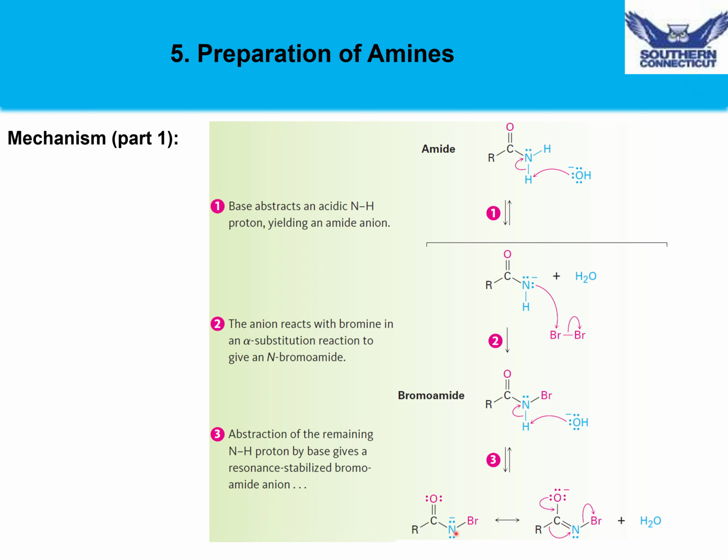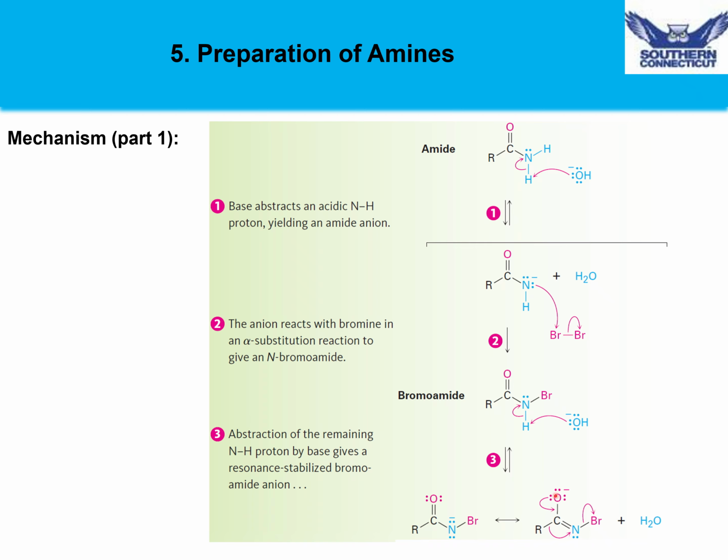Hofmann rearrangement. One of the resonance structures of this negatively charged amide is this structure shown here, where the negative charge, instead of being on the nitrogen, is on the oxygen of the carbonyl, and we have a double bond between the carbon and nitrogen.